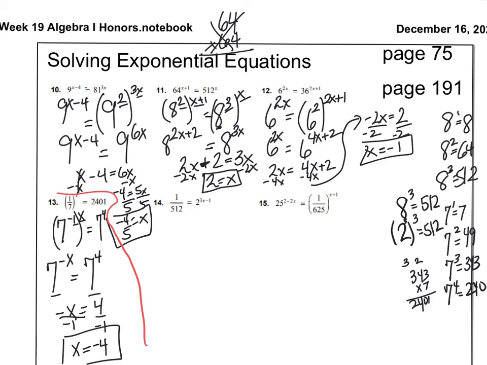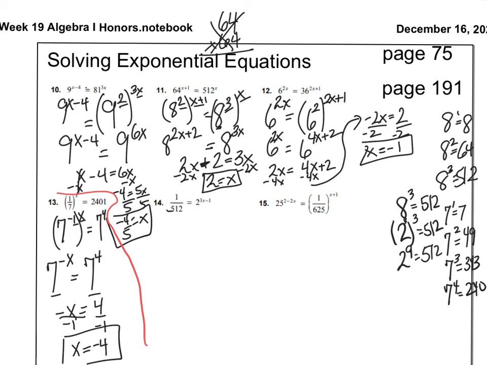So 2 to the third, which is 8, raised to the third power is 512. Let me erase this multiplying right here. So then 2 to the ninth has to be 512.